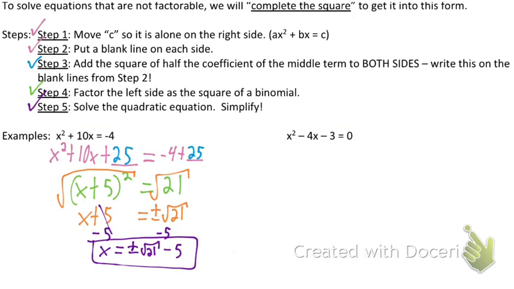What would be the first step in example 2? Okay, it would be to add 3. Phoenix, is that what you're going to say? Cool beans. So we're going to get x squared minus 4x equals 3. Now is C moved over to the right side by itself? Yes, sir. Good. Now I know I'm going to be adding a blank, don't I?